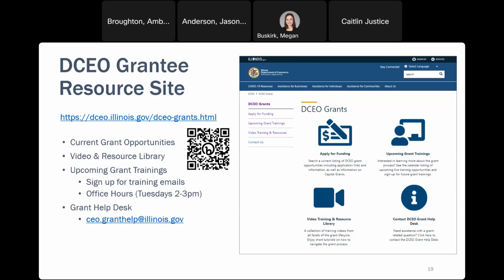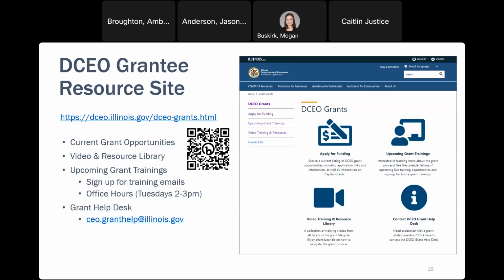We also have our virtual grant help desk, and that's at ceo.granthelp@illinois.gov. So we are available to answer your questions that relate to GATA and grants. If you are having issues with the portal or not sure where to find grant opportunities, we're definitely here to help.